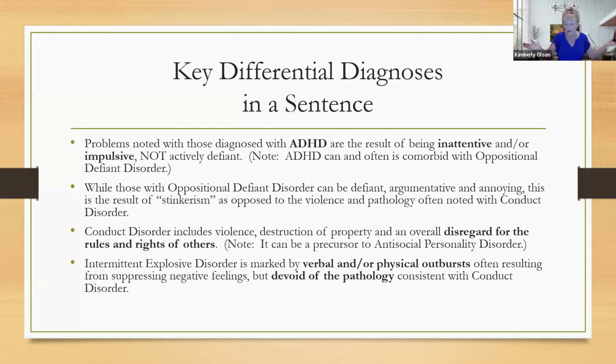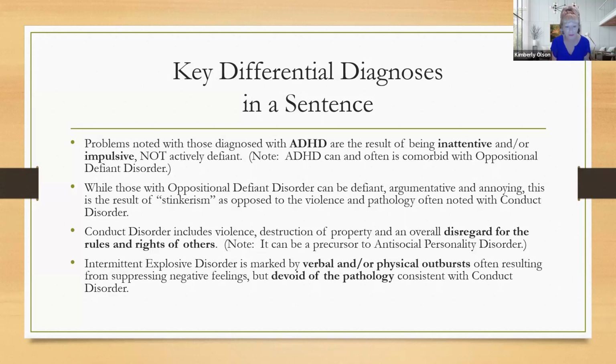You combine those two and you get a nice little storm there. Okay. ODD can be defiant, argumentative, and annoying. Okay. This is the result of stinkerism as opposed to the violence and pathology noted with conduct disorder. So conduct disorder is ODD on steroids.